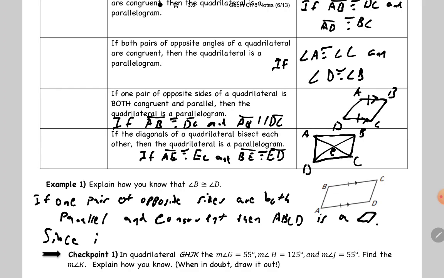Since it's a parallelogram, then opposite angles are congruent.